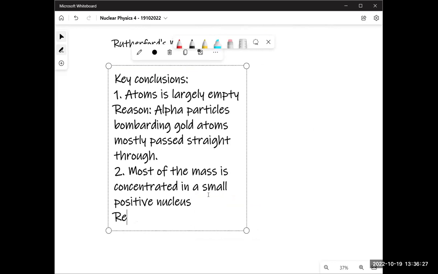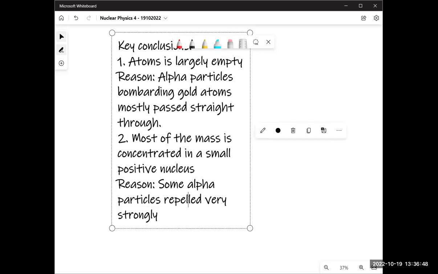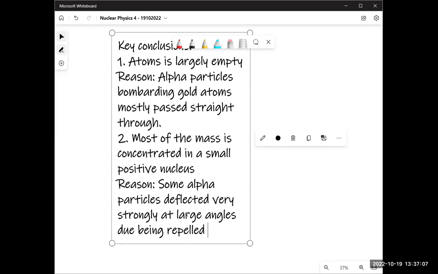The reason for the second conclusion is that some alpha particles are repelled very strongly, let's say deflected very strongly at large angles, due to being repelled by the positive nucleus.